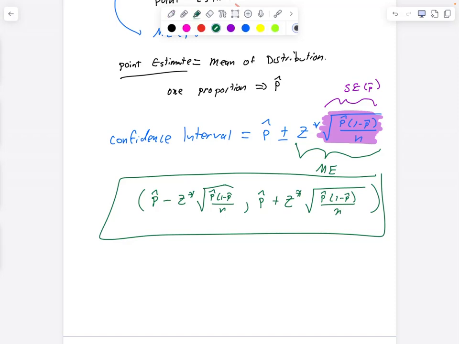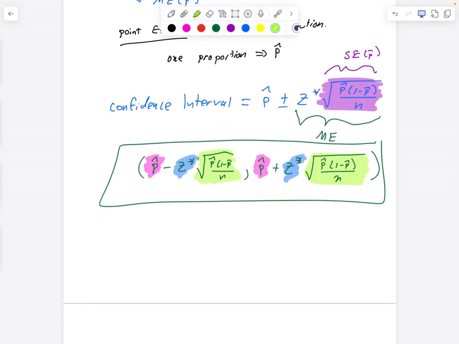I just want to point out, p hat is a number that you're going to know. Z star is a value that you know. And this other one is a number that you find. So you'll find all 3 of these numbers. You need to find p hat, you need to find z star, and you need to find the standard error.